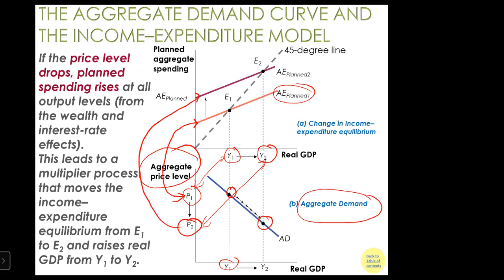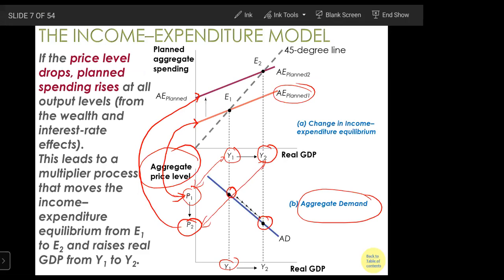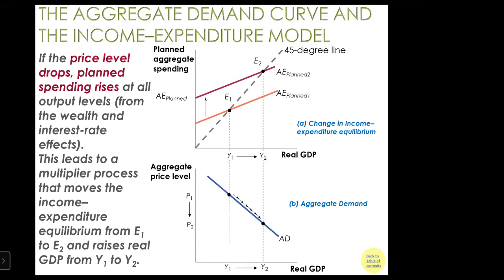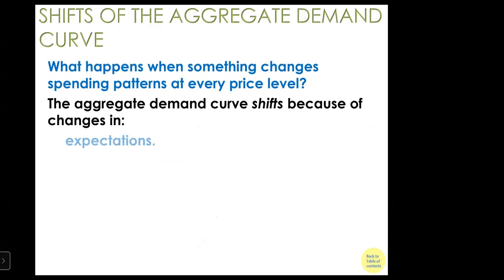If the aggregate price level changes, we are going to move along the aggregate demand curve, right? So if this changes, we are going to move along this curve. Now, we also need to understand what causes this curve to shift, right or left.